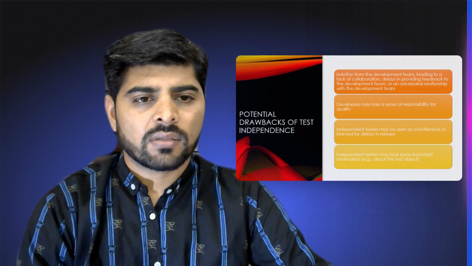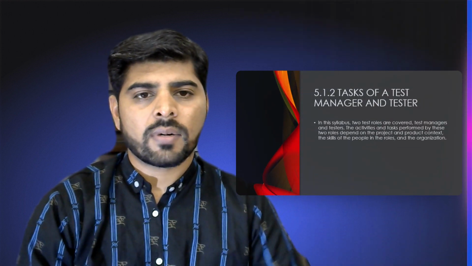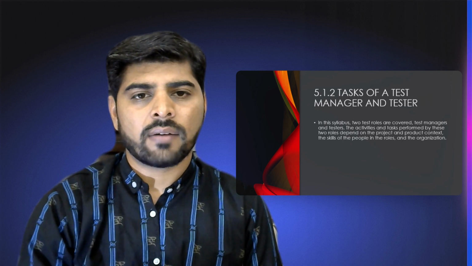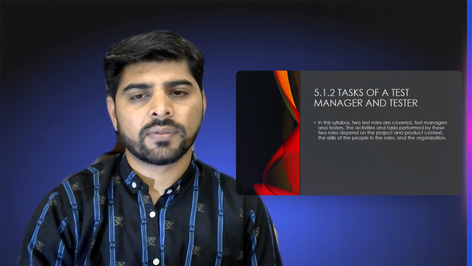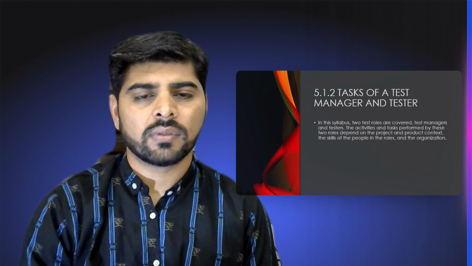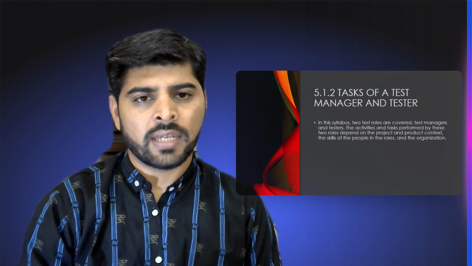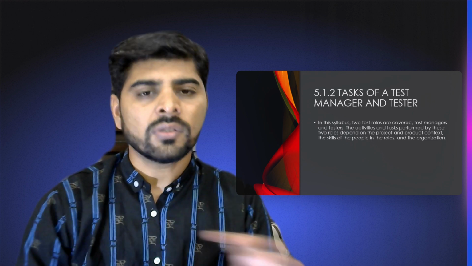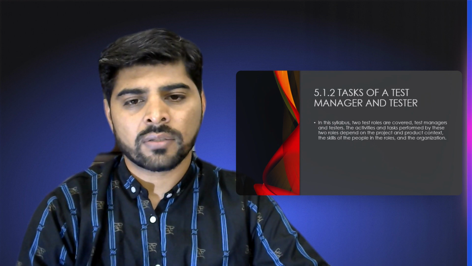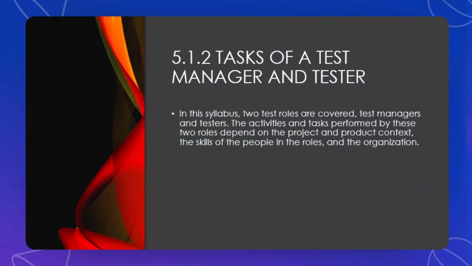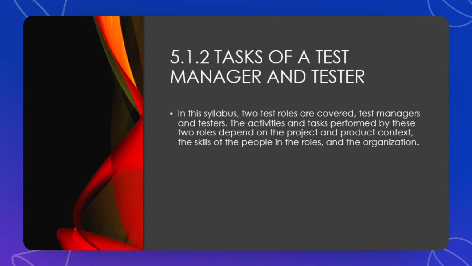So when we talk about the tasks of test manager and tester, in this syllabus there are two people involved, test manager and tester. In a QA team we have other roles also, such as automation engineer and junior people, but in this syllabus we cover two test roles, test manager and tester.